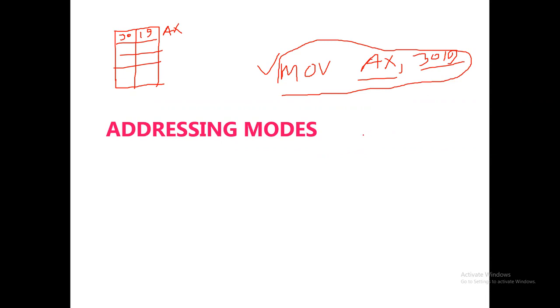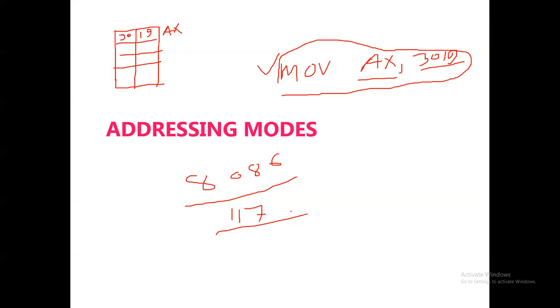And how many instructions are in 8086? The total is 117 instructions. It is the maximum number of instructions. I will discuss this in the next topics.